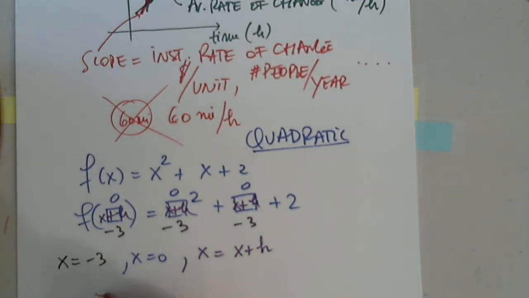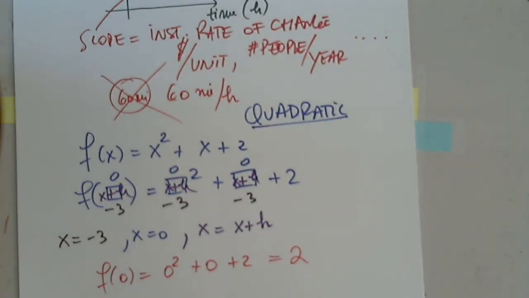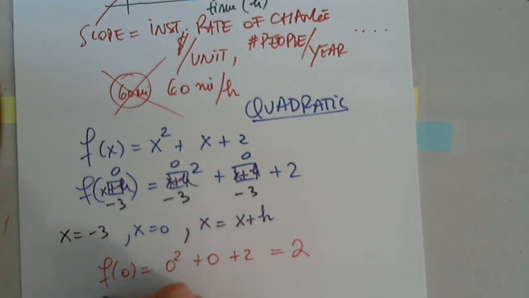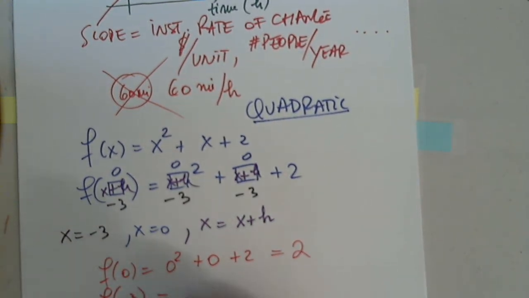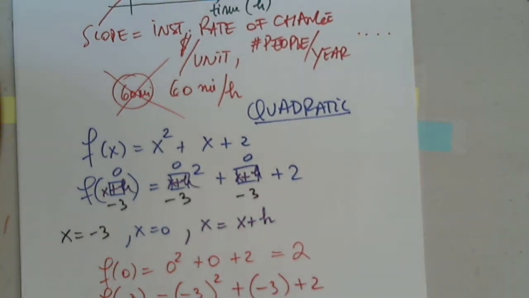So I'll start, let's say, with f of 0. I have 0 squared plus 0 plus 2. Done. Okay, now I want -3. Done. Why is it no difficulty? Because I understood the pattern.